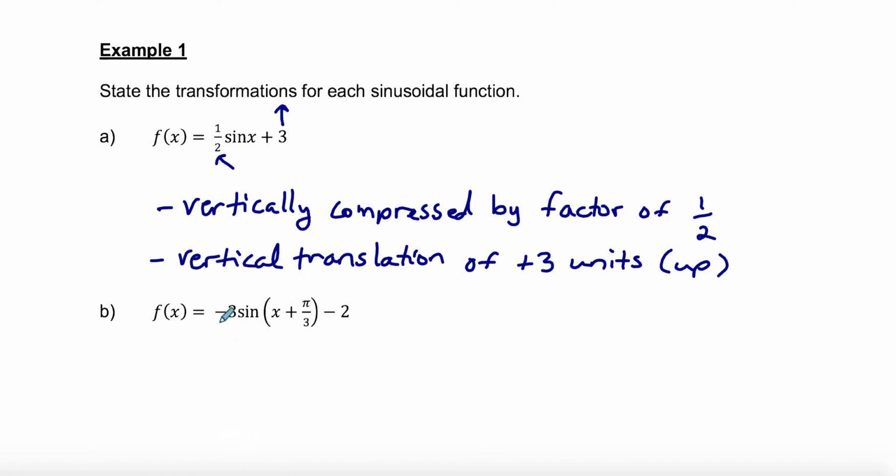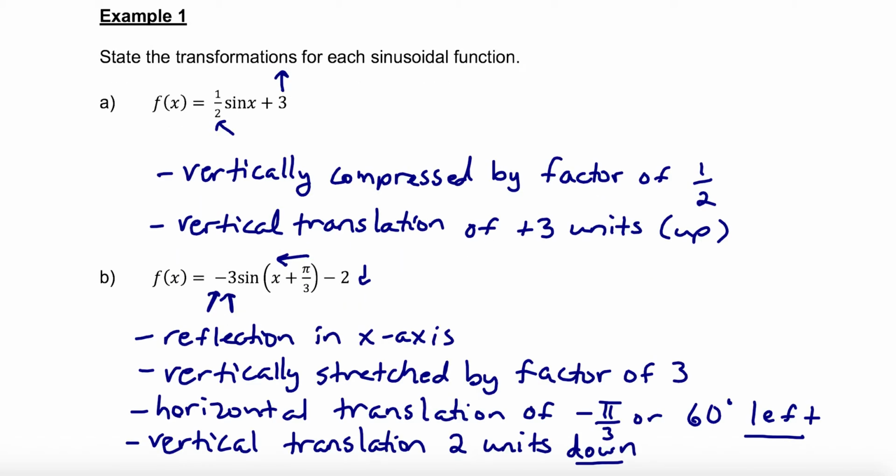This next function, we see a reflection in the x-axis because there's a negative right there. This is also vertically stretched because of the 3, so it's stretched by a factor of 3. We also have a horizontal translation of negative pi over 3, and we are also moving this vertically down.